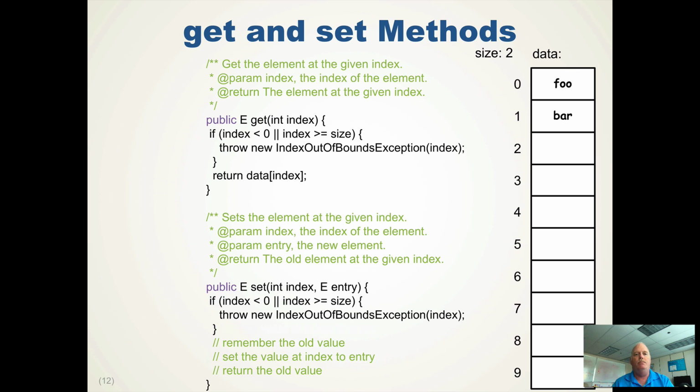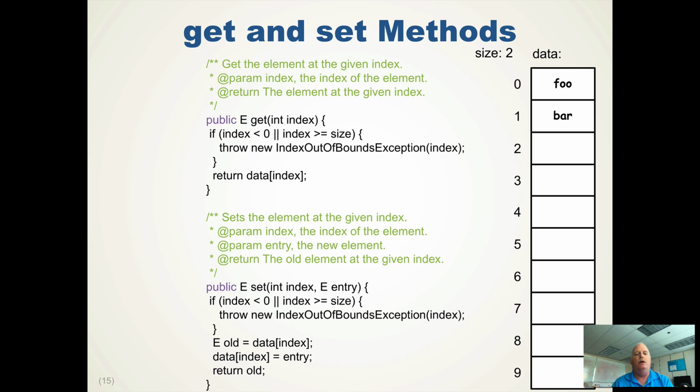If we don't throw an exception, then we remember the old value by assigning it to a temporary variable, called E or old or temp or whatever. We get the value at index. We then set the entry to be there, so data sub index equals entry. And then we return the old value, which is just return old. And so now we have set the value to a new value.